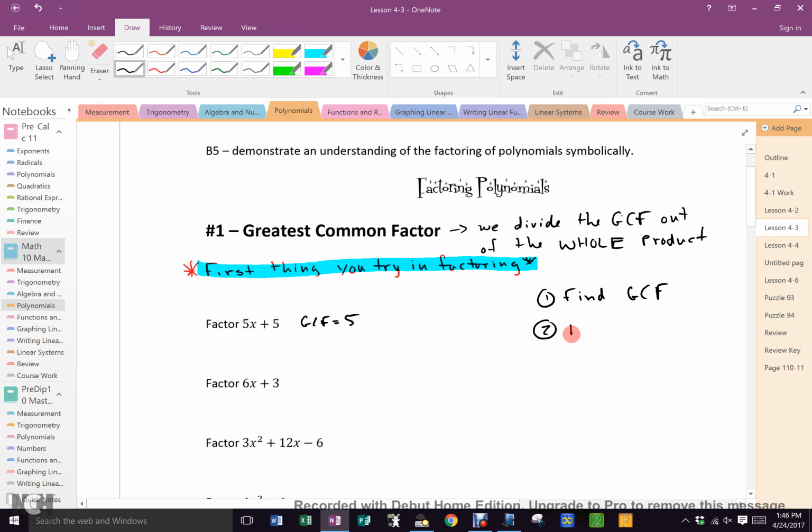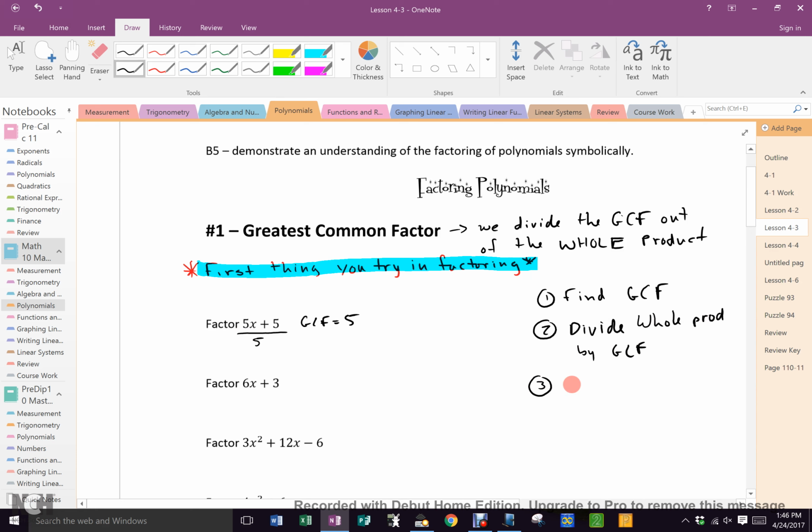Step 2, divide what by the GCF? The whole thing. Divide the whole product by the GCF. So step 2, we take this whole product and we divide by 5.